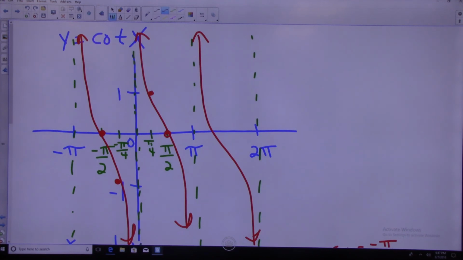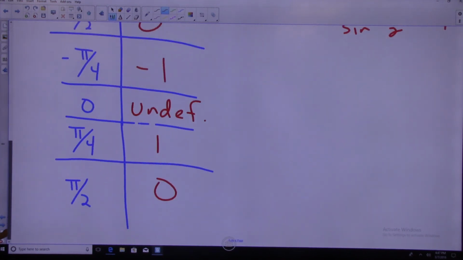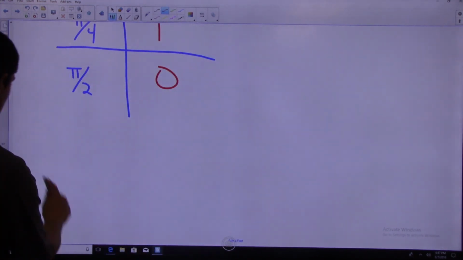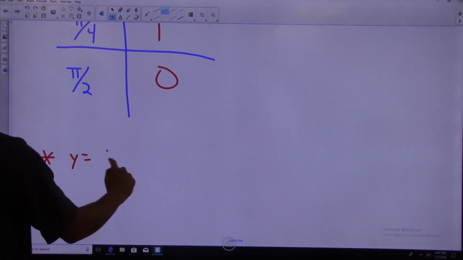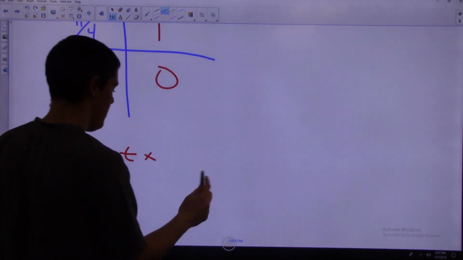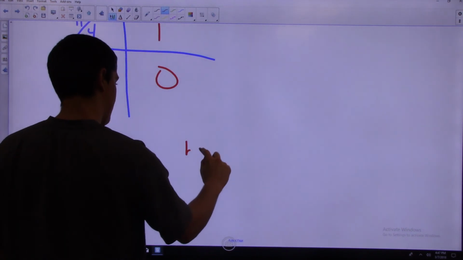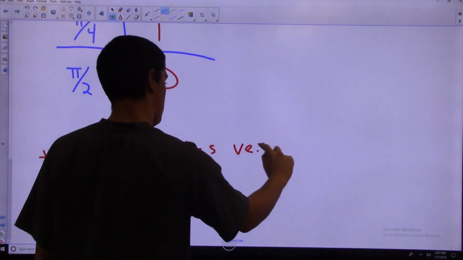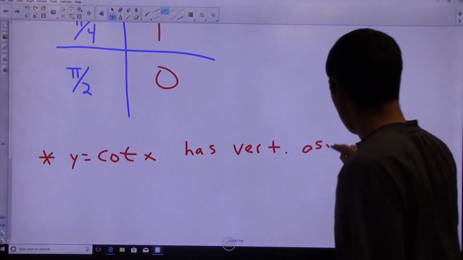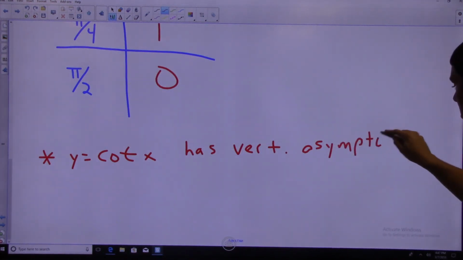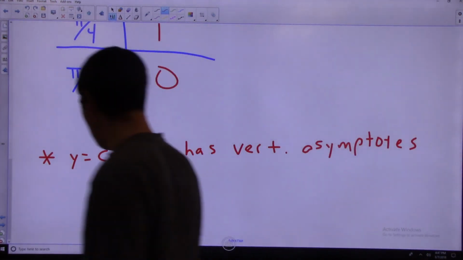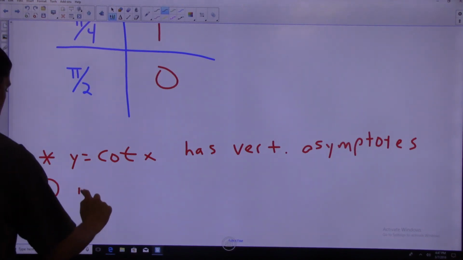Let me write down a couple facts here. Y equals cotangent x has vertical asymptotes at multiples of pi.